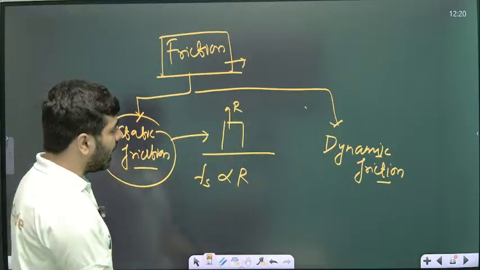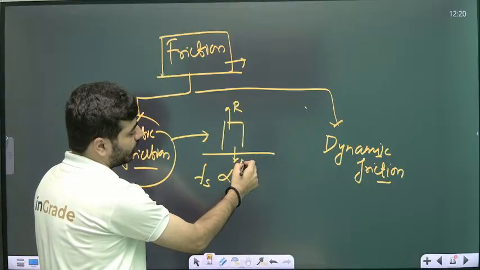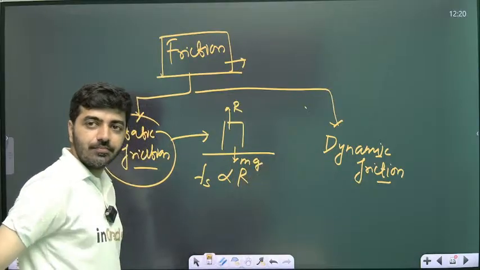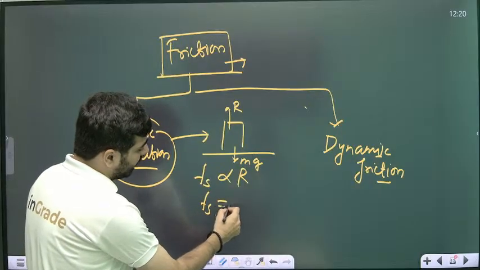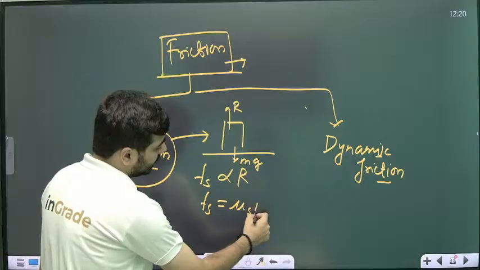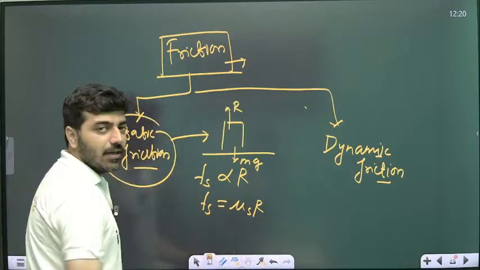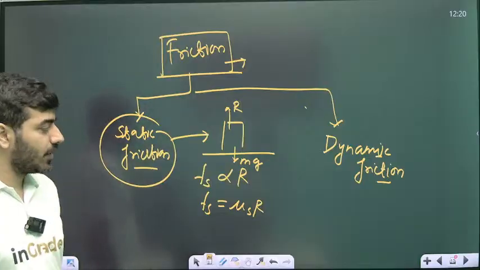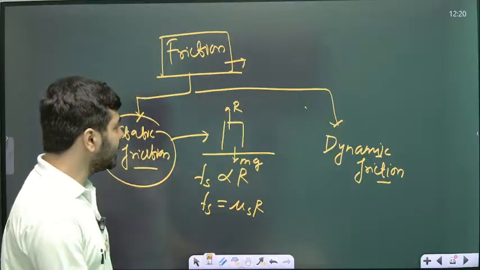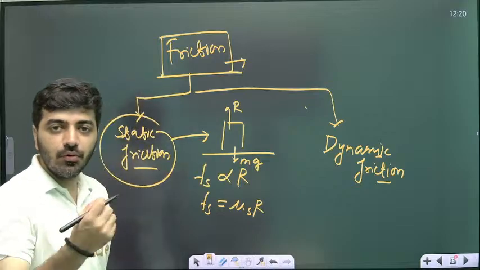R will be equal to the weight of that body, equals mg. If we take the equal sign, we have to put a coefficient. Mu s will be the coefficient of static friction, or limiting friction. It means we limit the body to move.